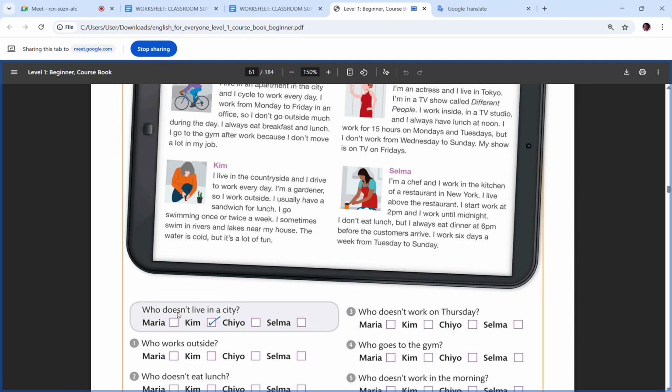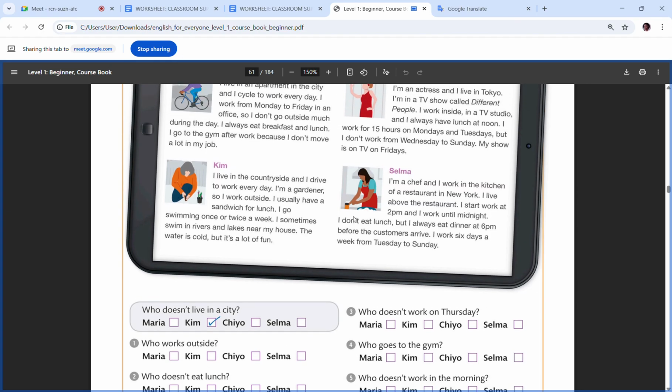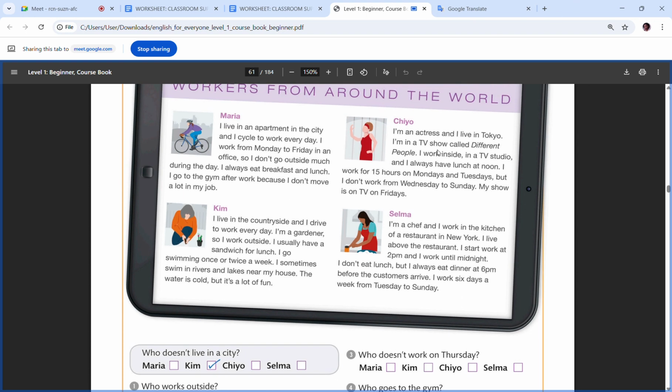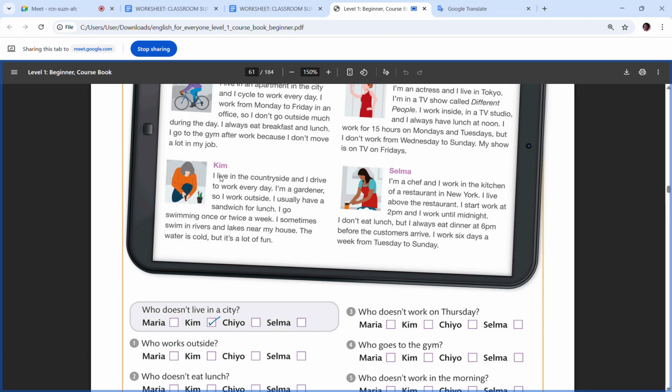Is it Maria, Chio, or Selma? I think Chio. Why? She said she lives in the countryside. It's Kim, right? It says, yes, I live in the countryside.